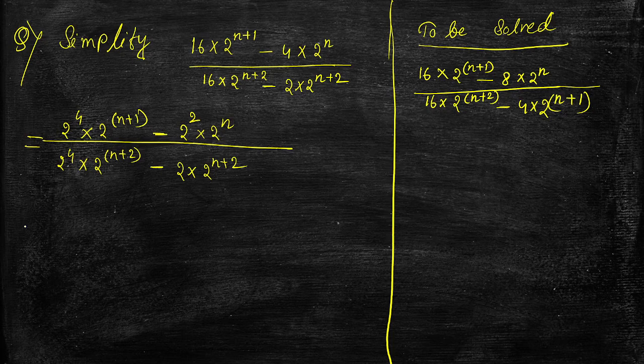Now for the same base the power will get added. So this is 2 to the power 4 plus n plus 1, minus this is 2 to the power n plus 2.